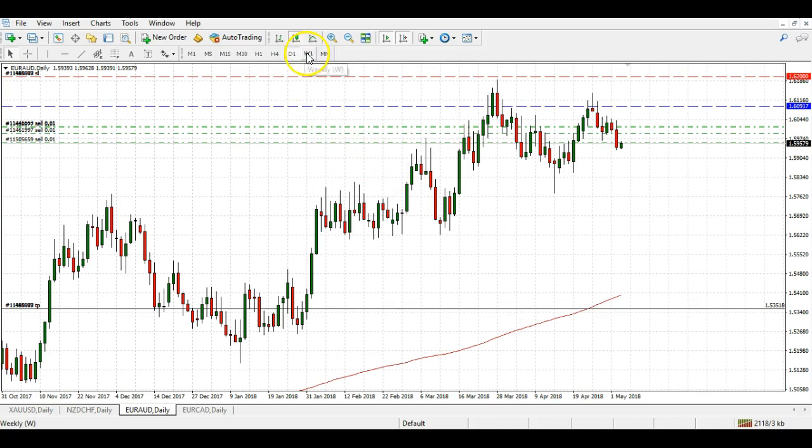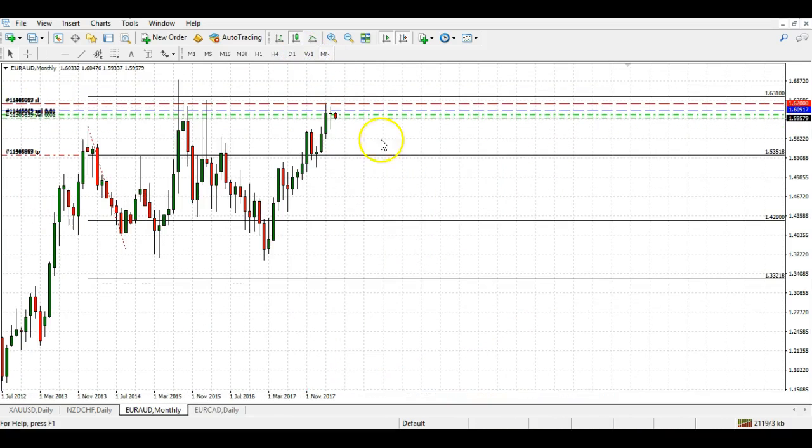You can switch to the monthly chart and you can see this really impressive trading range that you can track back all the way to 2013. Somewhere in the middle of 2013 began the first leg, and then of course came the second, third, and just now I think we have completed the fourth leg.